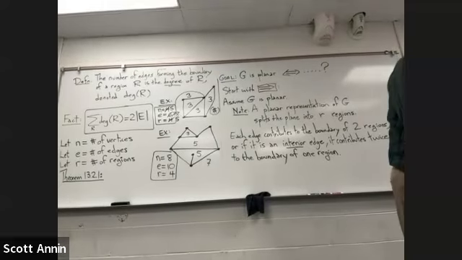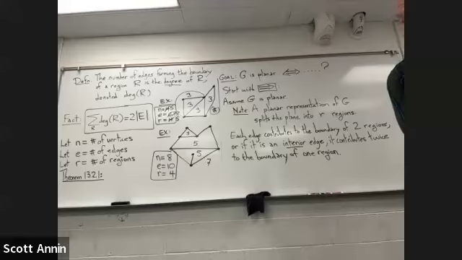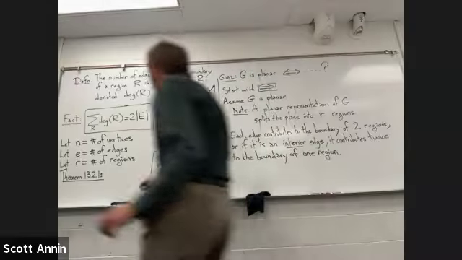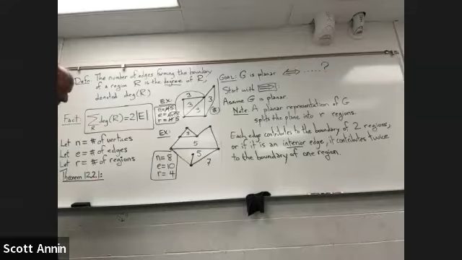This is a famous result called Euler's formula. And I want to just make sure that I actually have the number right. I do not. It's actually theorem 12.2.1 in Rosen's introductory combinatorics book that I'm giving this lecture out of.